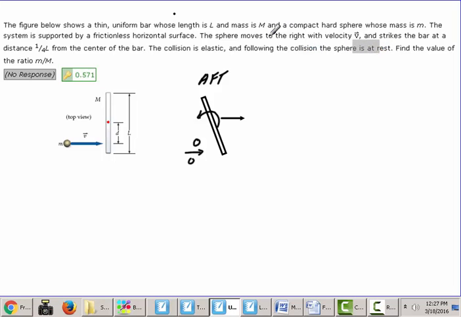All right. Key words: elastic collision. So we can set up our kinetic energy equation. Initial kinetic energy is equal to final kinetic energy.